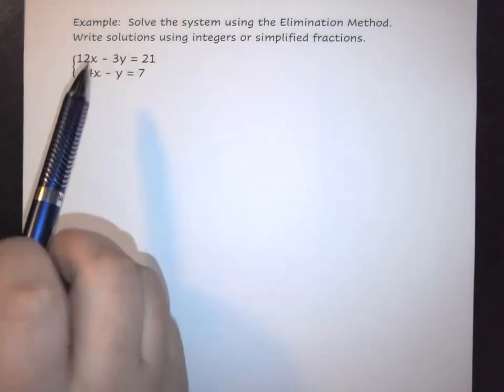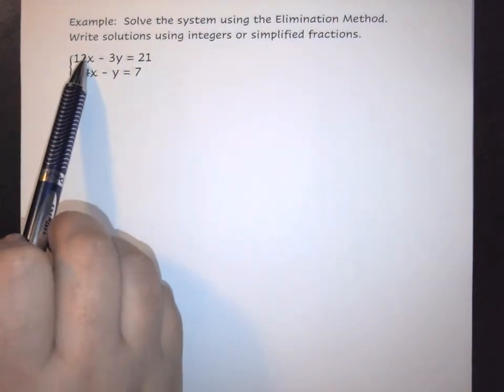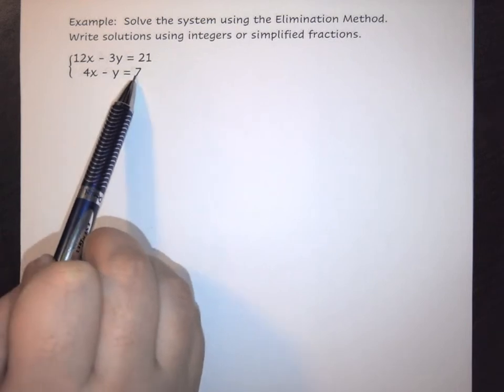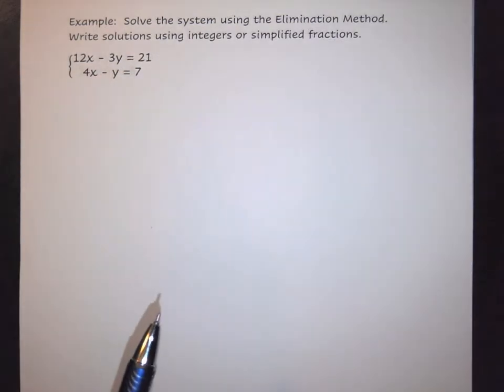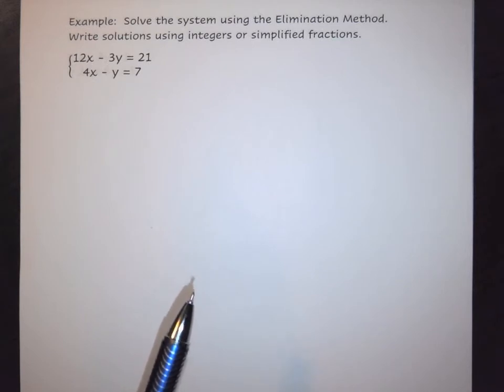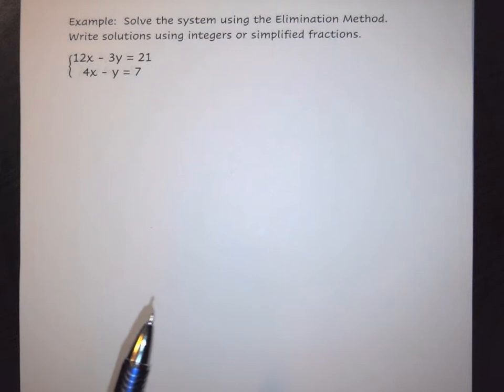So here we have x, y, and a constant. Underneath we have x, y, and a constant. So we don't have to rearrange our equations in any way. Now, in order to eliminate a variable, you must have the same coefficients but opposite signs. Okay?